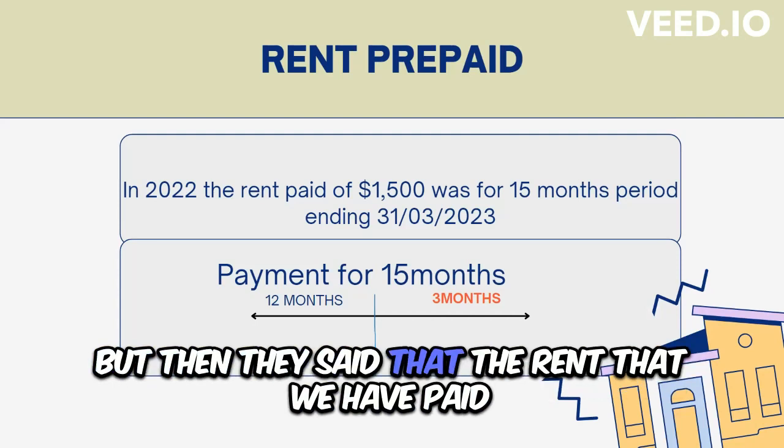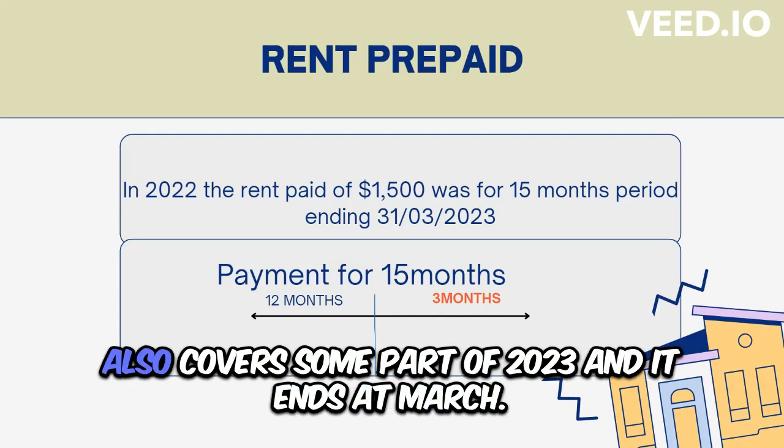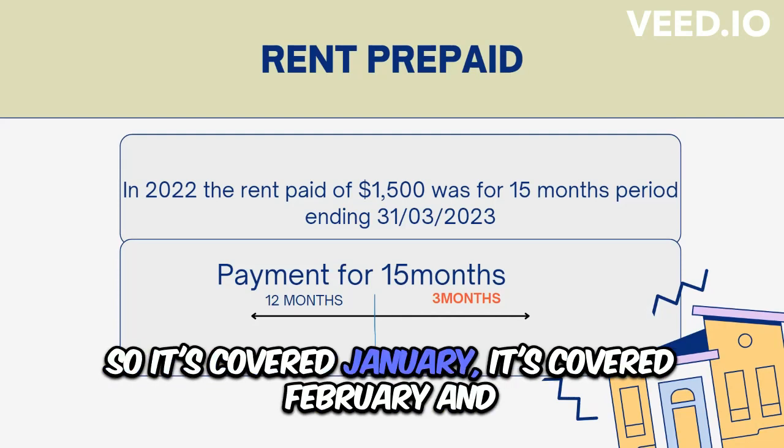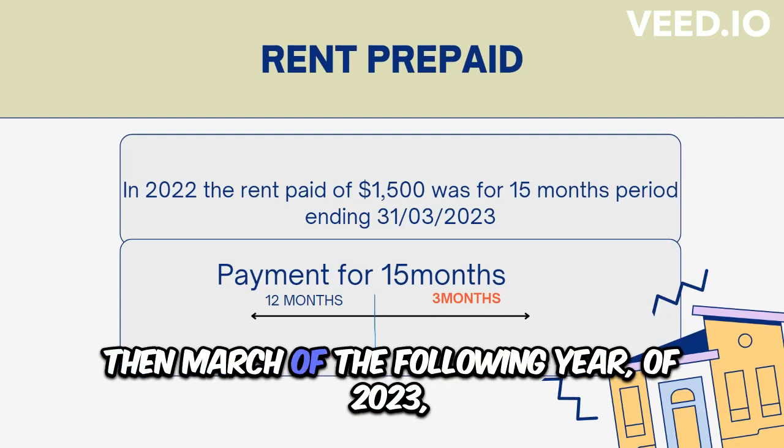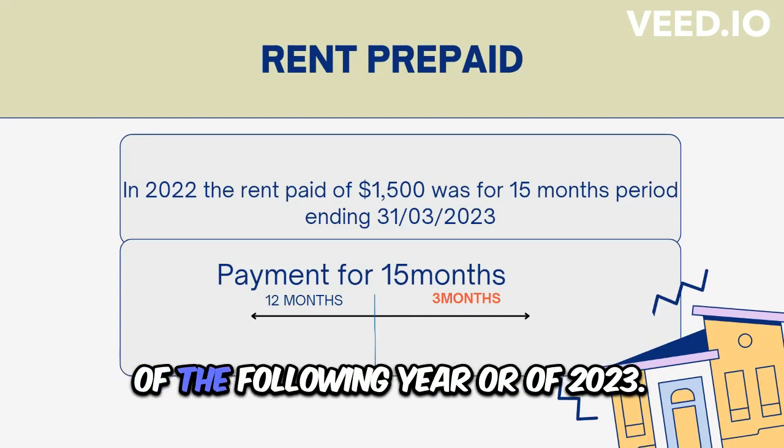But then they said that the rent that we have paid also covers some part of 2023 and it ends at March. So it covered January, February, and then March of the following year, 2023.